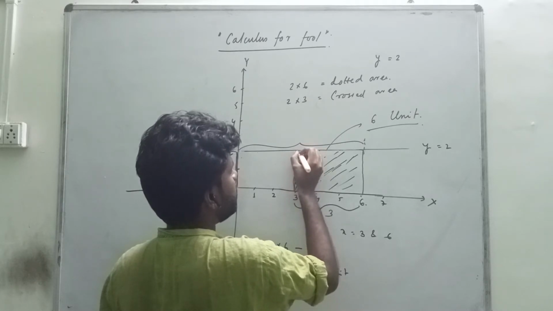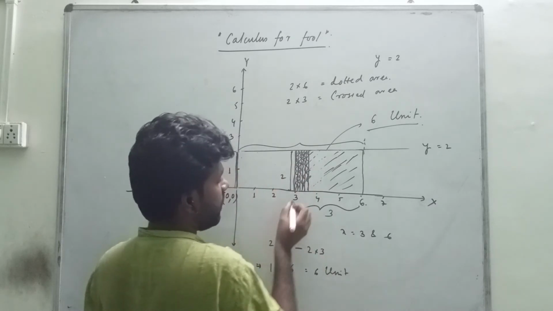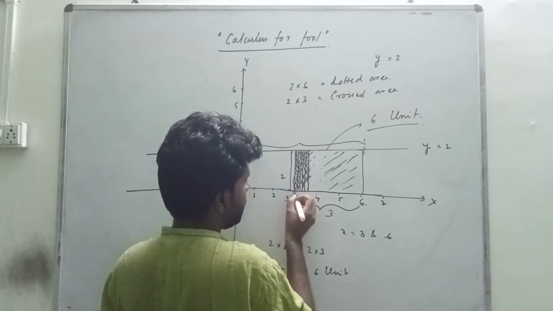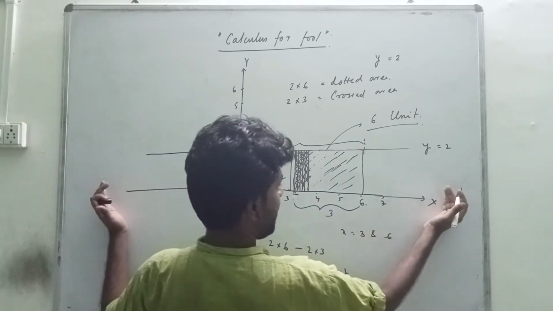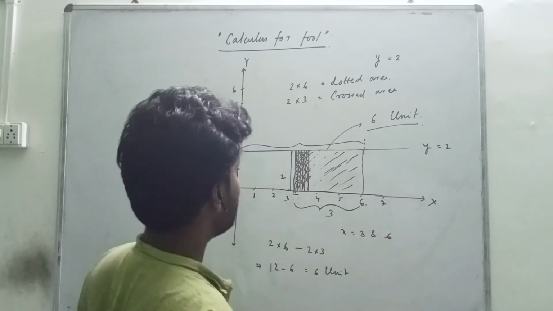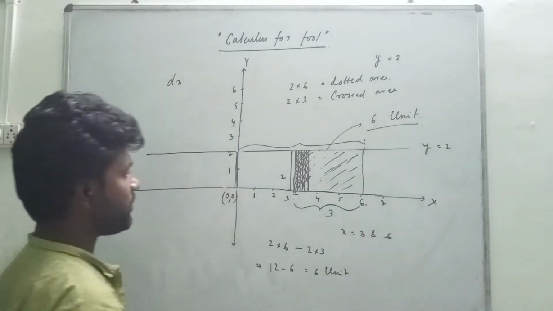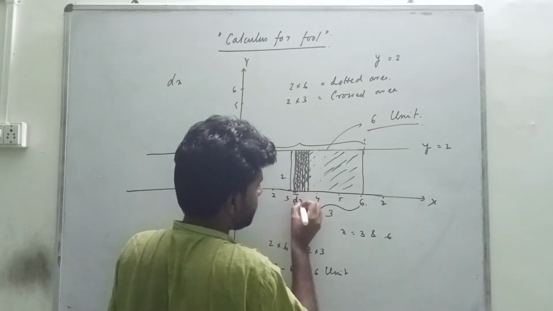The height is actually 2, right? And what is the length of this thing? If the big length is x, then obviously dx means a fraction of x. That means it is a dx, right?